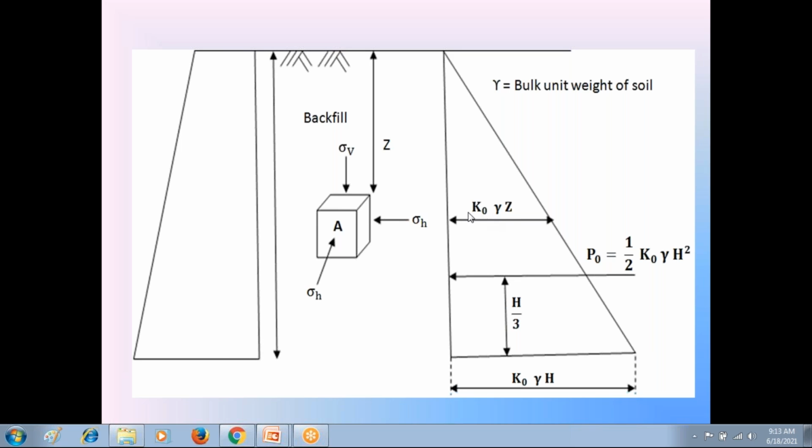Based on this equation: check this equation, sigma h is equal to K naught into gamma into Z. That indicates the linear variation. It is not Z square or Z cube. It is simply Z, like the shear force of UDL. Please remember the shear force of UDL. UDL shear force is W into X, so the distribution of UDL shear force is linear.